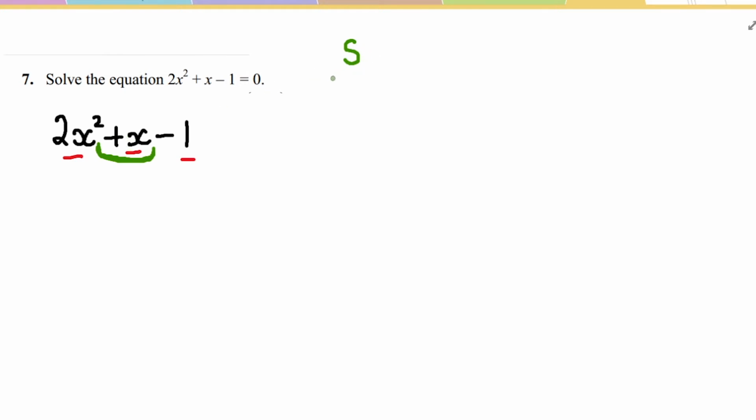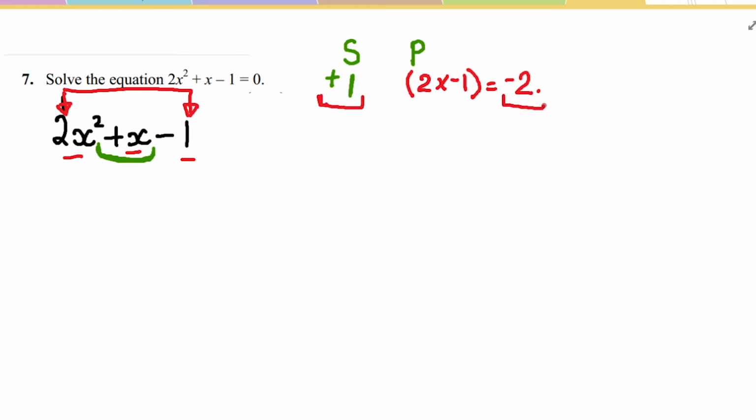And when we multiply those 2 numbers, they give us a product of the coefficient of x squared times the last number, which is 2 times -1, which is -2. In other words, we are looking for 2 numbers that when we add them give +1, and when we multiply them give -2.